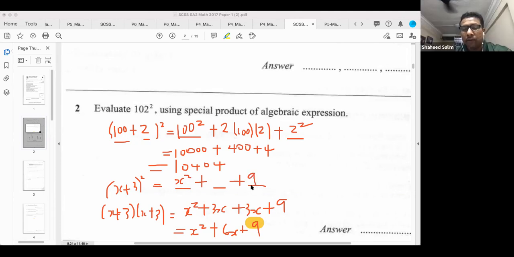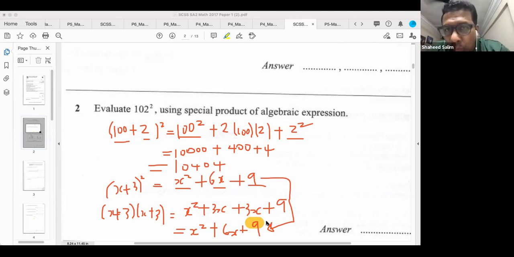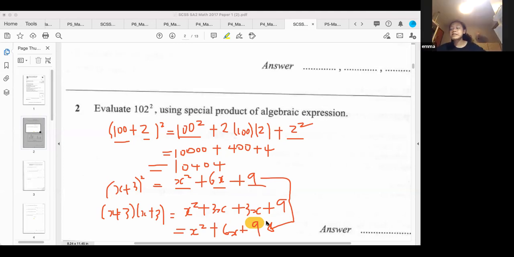This down here will be 2 times 3x, 2 times x times 3, 6x. Can you see? I can see the pattern, but the pattern will only come if you do it over. Then you get a sense, oh, surely the answer will be like that.